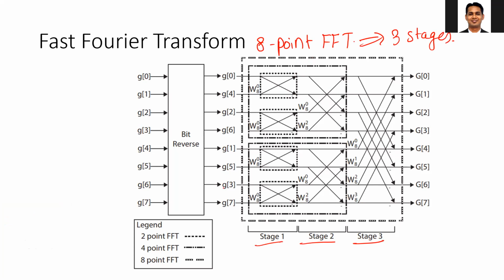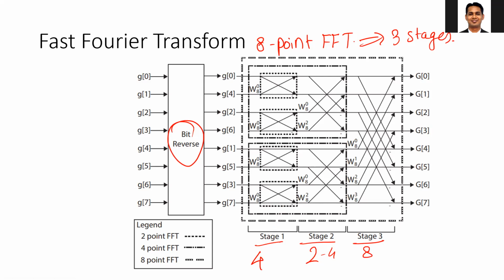And before these stages, you need to take care of the bit reverse operation. Then every stage can be broken down into multiple butterflies. For example, stage 1 consists of four 2-point butterflies, stage 2 consists of two 4-point butterflies, and stage 3 consists of one 8-point butterfly. So this is how we can generalize the code.